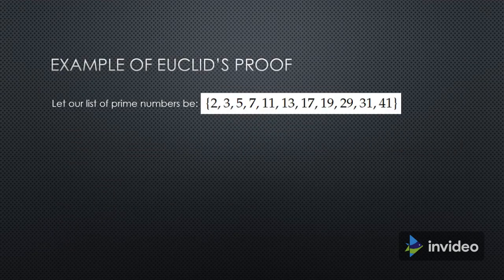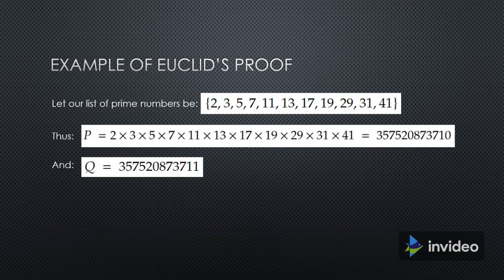So let's go with an example. Let's say our list of prime numbers is 2, 3, 5, 7, 11, 13, 17, 19, 29, 31, 41. So let's get our P by multiplying all these together to get 357,520,873,710.